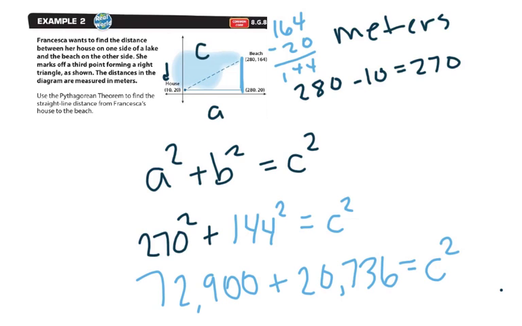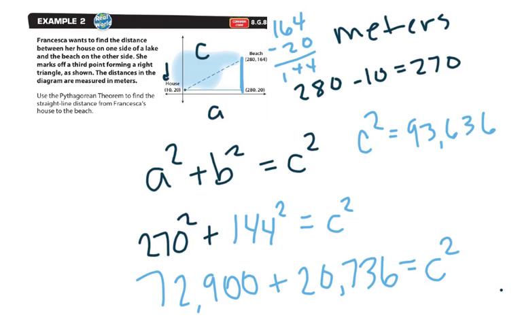Let me add those two numbers together, 72,900 plus 20,736. That gives me C squared equals 93,636. Okay, let's find out what the square root of that is.